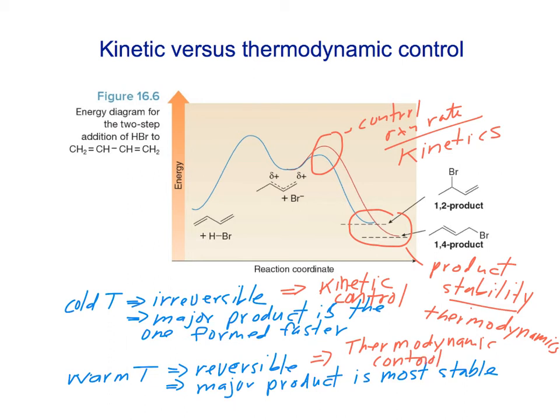All right, so the next part of this is, though, we have to figure out why it is that the pathway leading to the 1,2 addition product is the one that has the lower transition state. Okay, why is that formed faster, and why is it that the 1,4 addition product here is the more stable one? Okay?